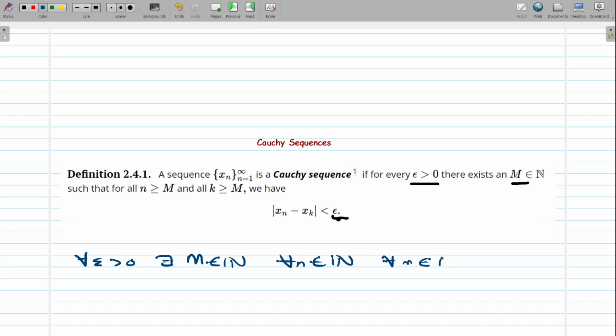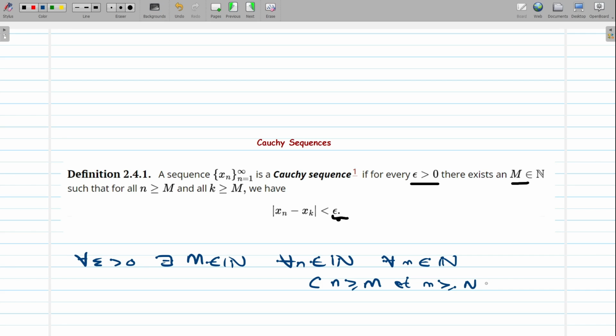If we observe what is happening beyond this particular m, we see that the distance between the two terms of the sequence is going to be very small, smaller than epsilon.